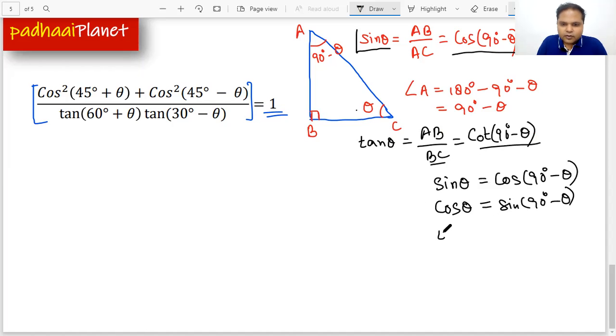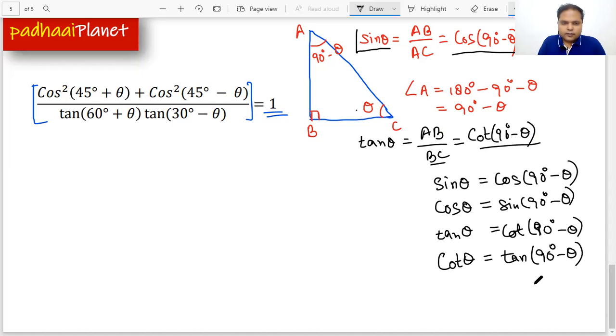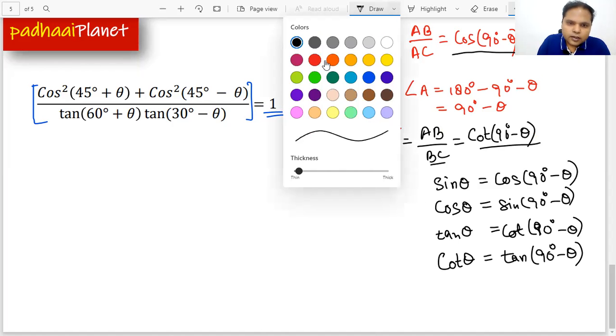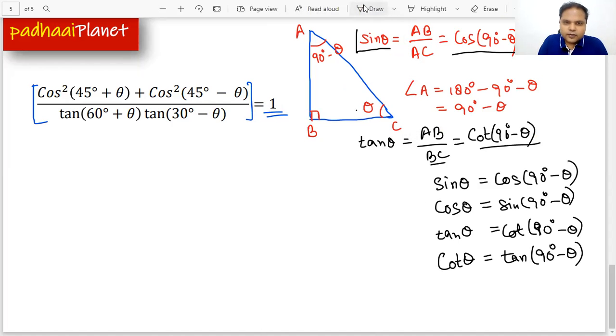Similarly, tan theta is equal to cot 90 degree minus theta. Similarly, cot theta is also equal to tan 90 degree minus theta.